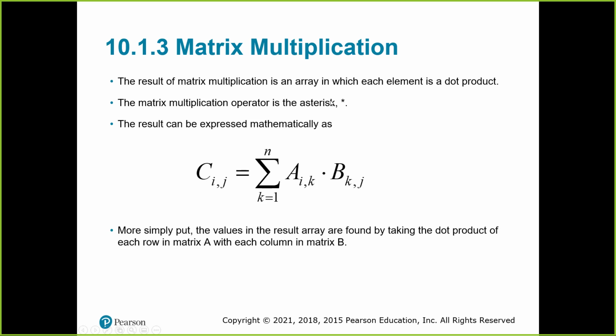So the operator is just the asterisk between the matrices, and again it can be expressed mathematically as a sum from k equals 1 to n of A times B. Basically the size of your matrices is critical. When you put the sizes together, the number of columns needs to equal the number of rows in the second one, and then your final product will be this many rows and that many columns.